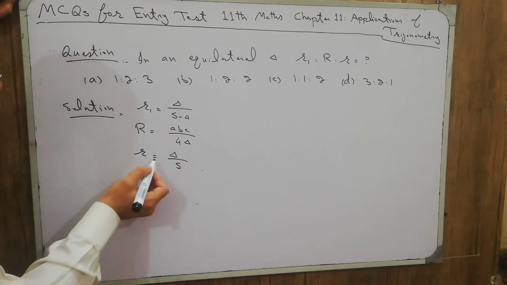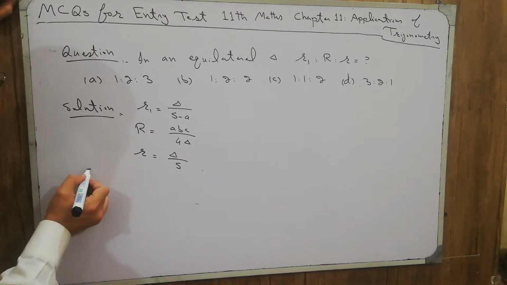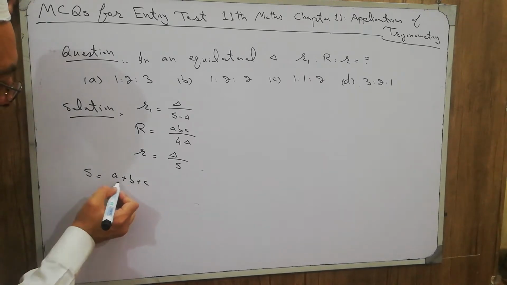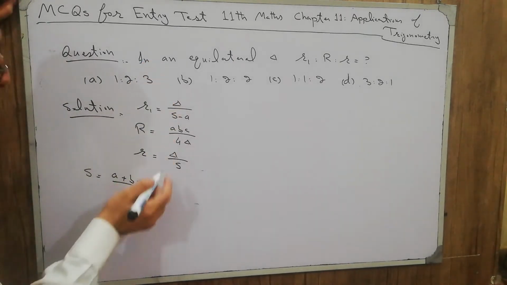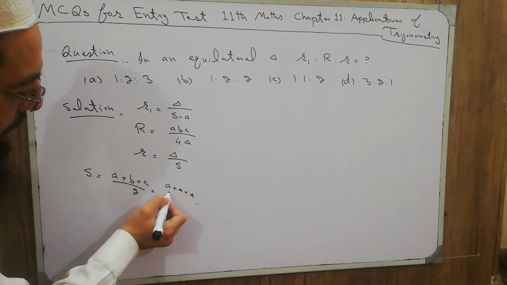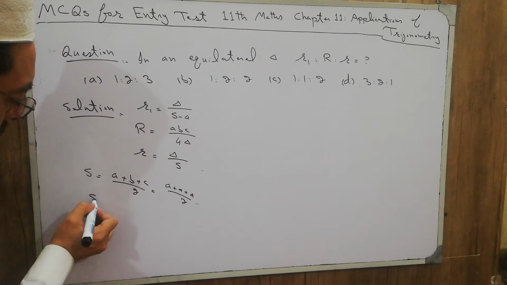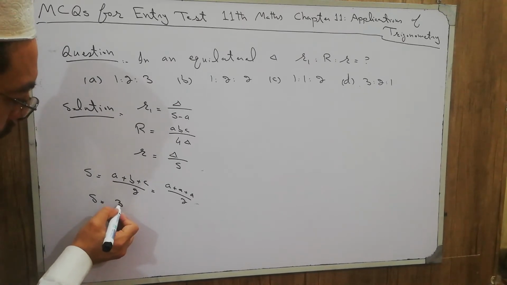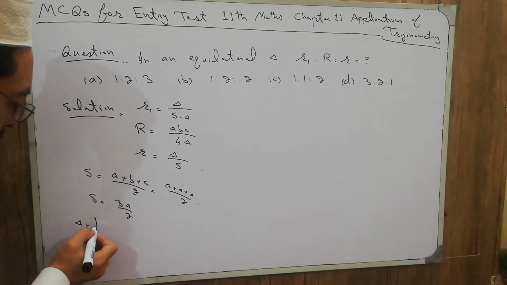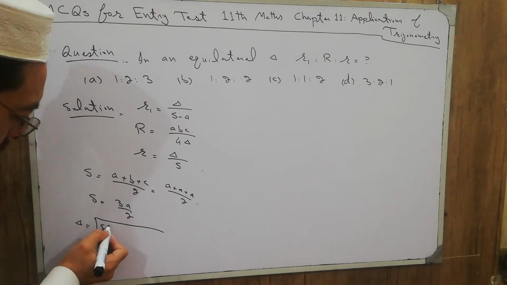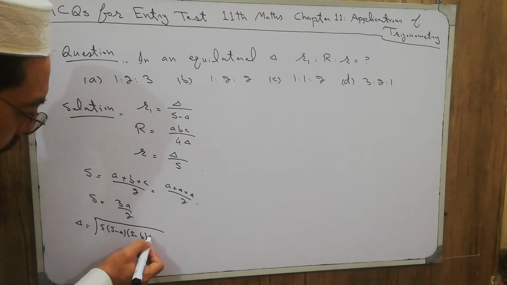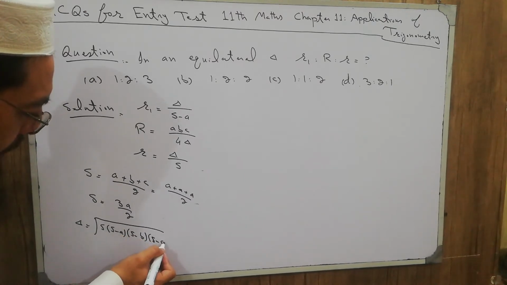Area is equal to the square root of S, by Hero's formula. In Hero's formula, S is equal to (A plus B plus C) divided by 2. This is an equilateral triangle, so all sides are equal: A plus A plus A divided by 2. So, S is equal to 3A divided by 2. Area is equal to the square root of S into (S minus A) into (S minus B) into (S minus C).